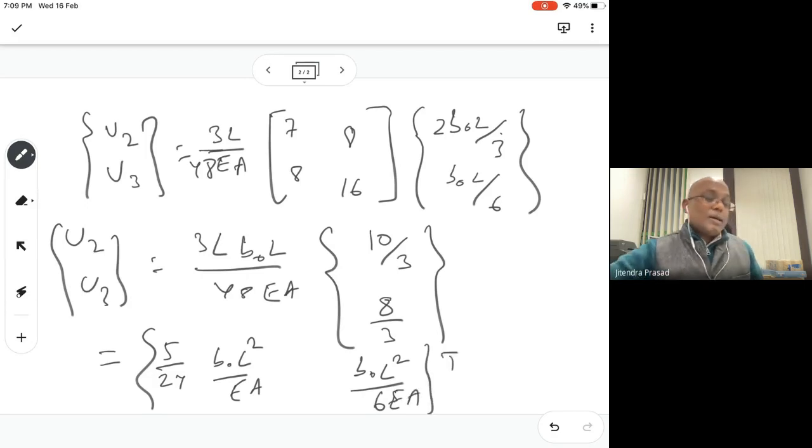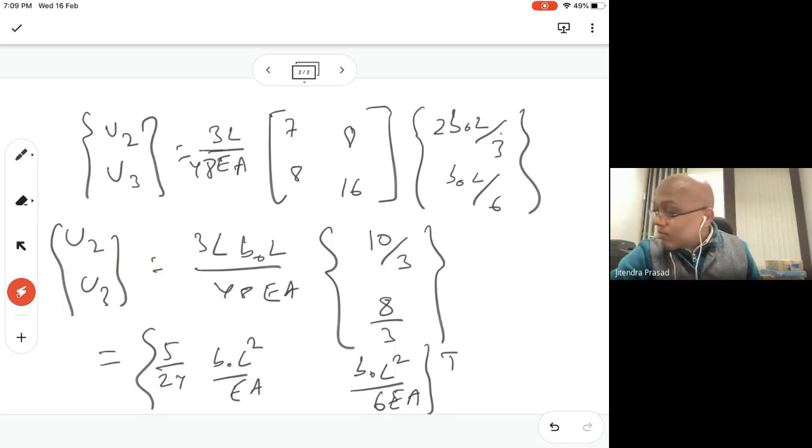There's something wrong in here. You should get U3, which will be equal to the actual solution.